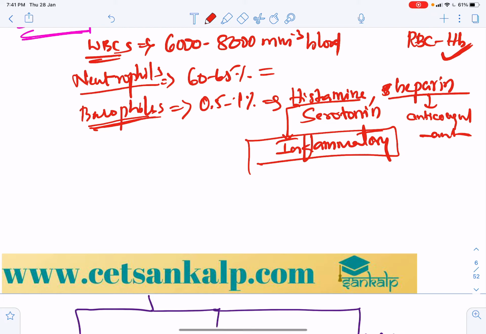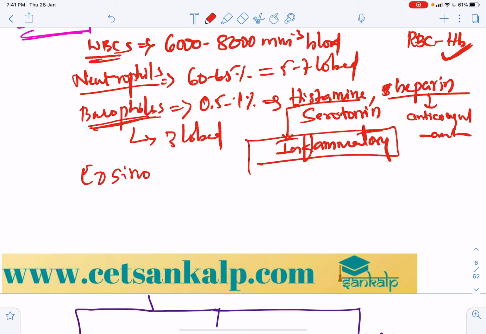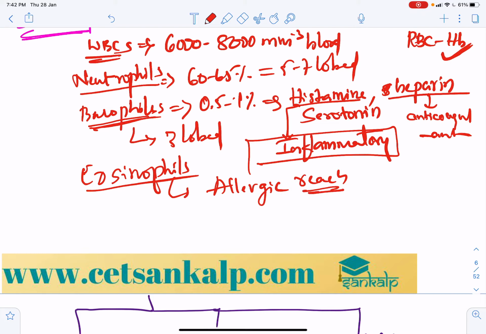Neutrophils generally have a 5 to 7 lobed nucleus, and basophils have a 3 lobed nucleus. Eosinophils play a major role in inflammation, but before that, in allergic reaction; during allergic reaction, their number increases.